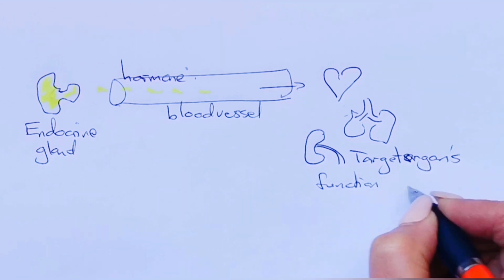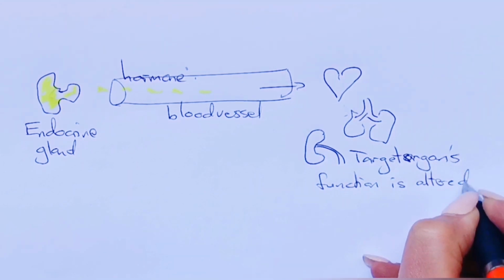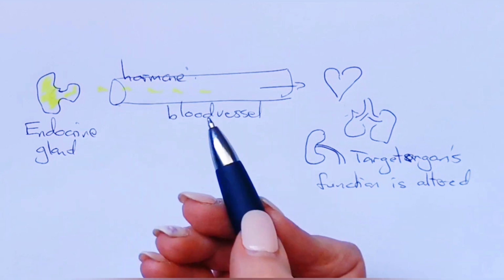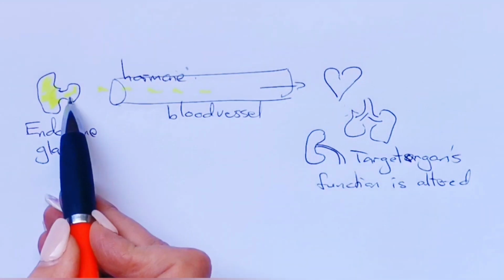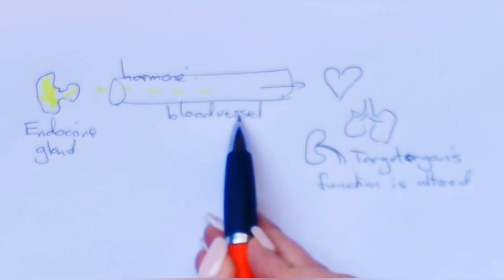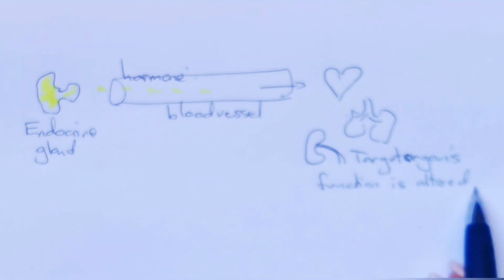In other words, the definition of a hormone is that a hormone is secreted by an endocrine gland. It travels through a blood vessel to a target organ where that function is altered.